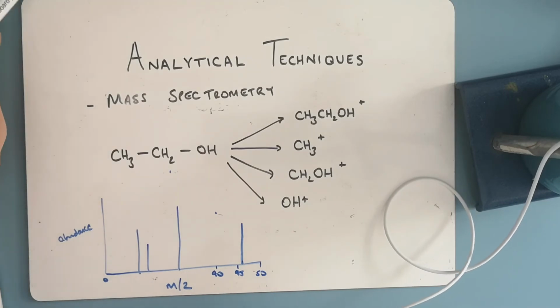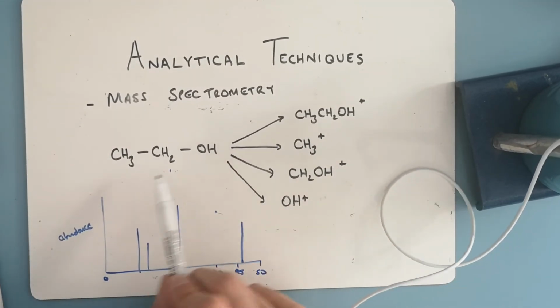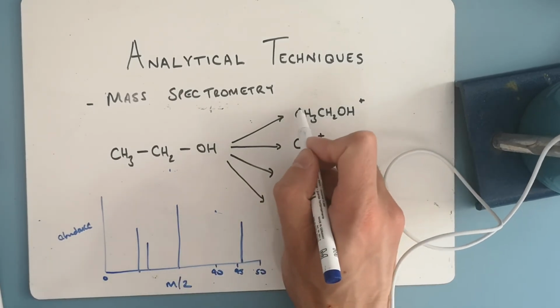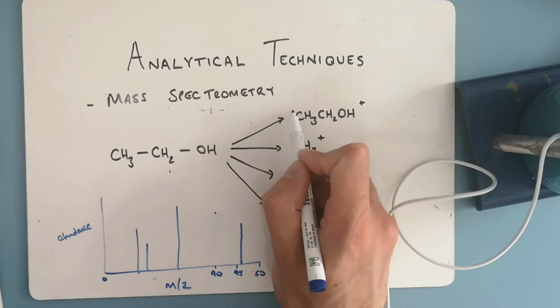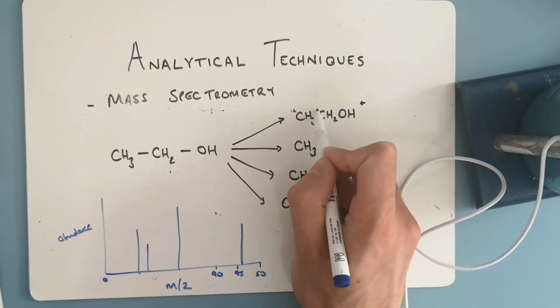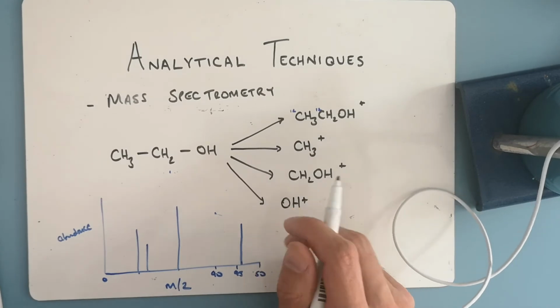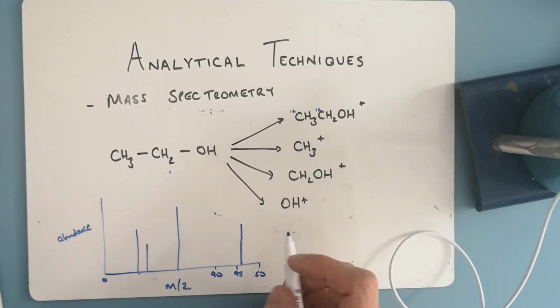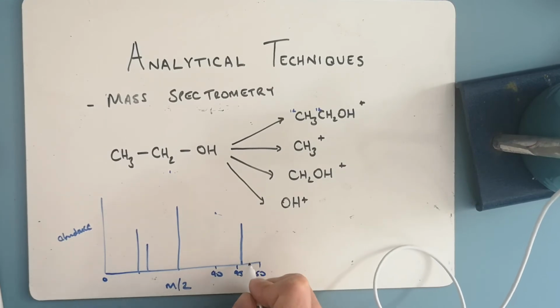We'll also get, annoyingly, isotope peaks as well. So for the peak at 46, we're assuming that all the carbons are carbon-12, but we know carbon exists as carbon-13 and carbon-14, albeit in very small percentages, especially carbon-14.